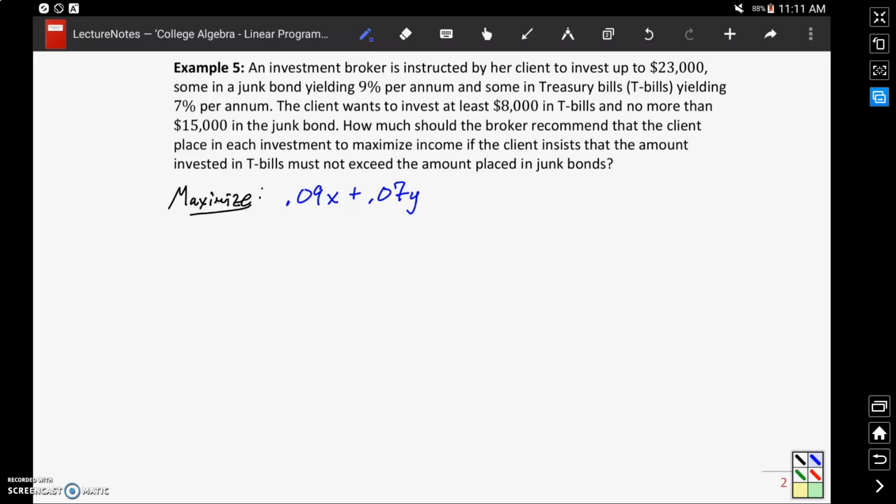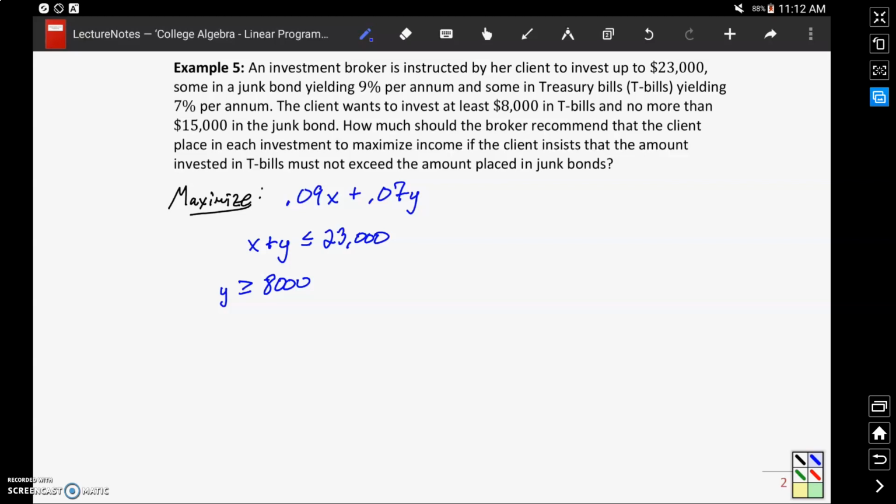Some of the things that we know is that we're going to be investing up to $23,000. So x plus y has to be less than or equal to $23,000. They want to invest at least $8,000 in treasury bills. So y, the amount invested in those treasury bills, has to be at least $8,000.